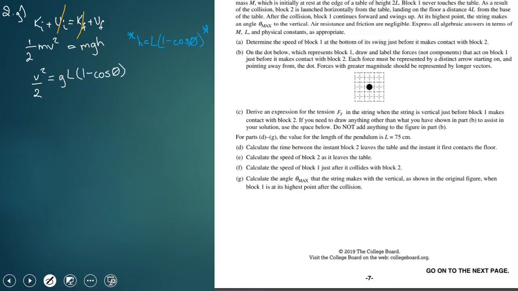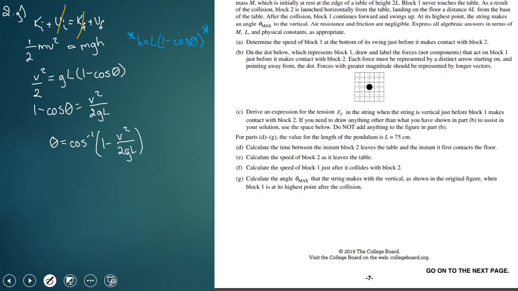And so 1 minus cos theta is equal to v squared over 2gL. And so theta is just the inverse cosine of 1 minus v squared over 2gL.